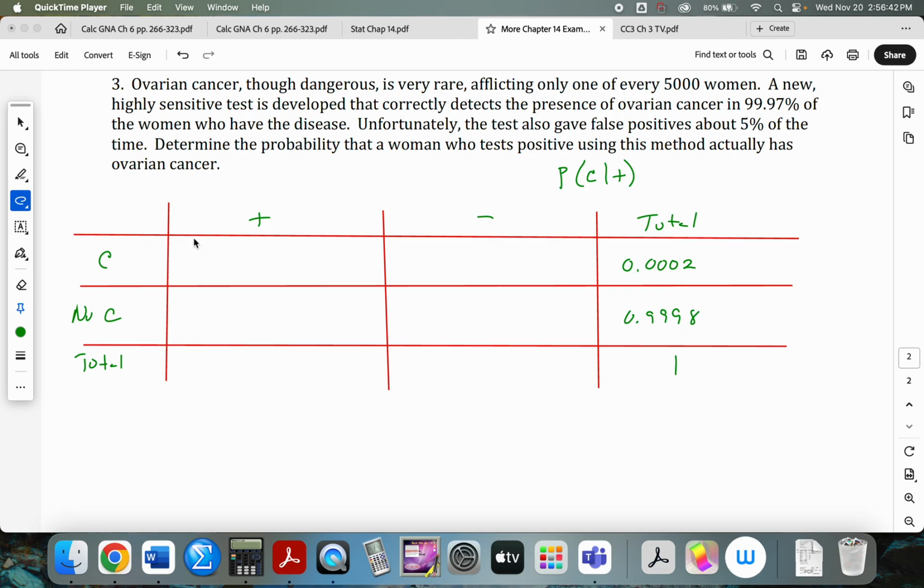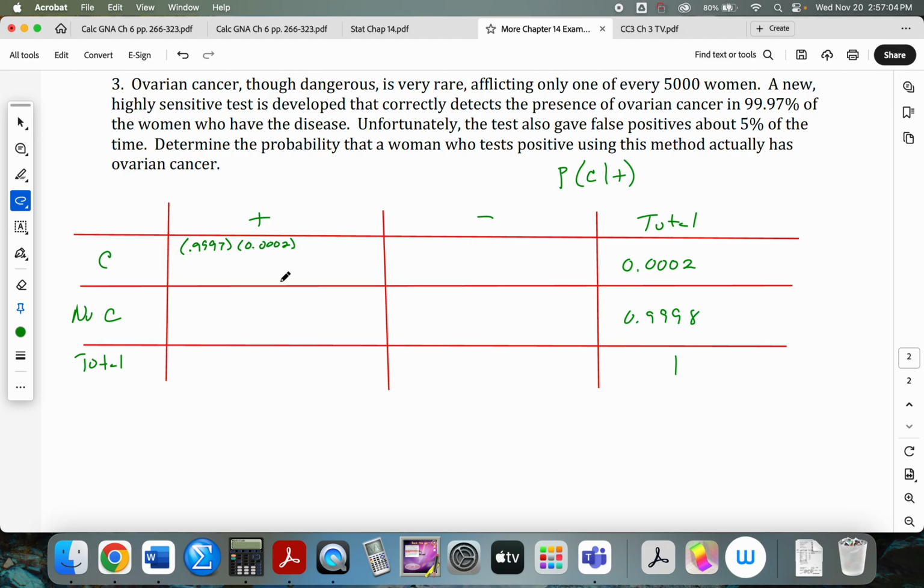So that's going to be, and I'm going to write this up here, 0.9997 times the probability that they have it, 0.0002.